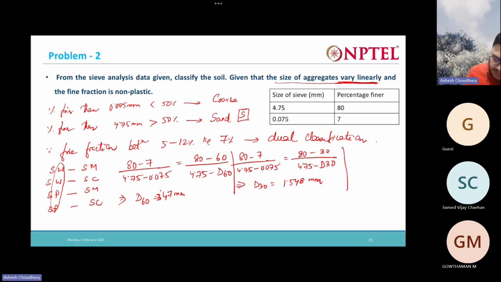And finally similarly for D10 also we will do. Now calculate the CU and CC.